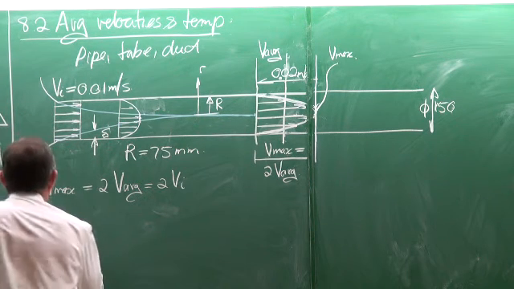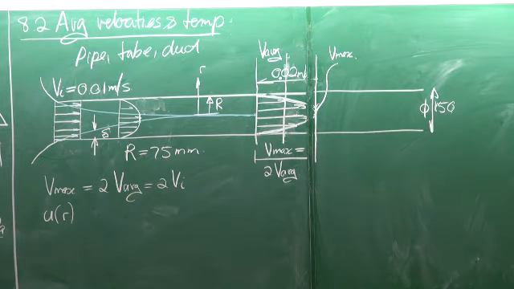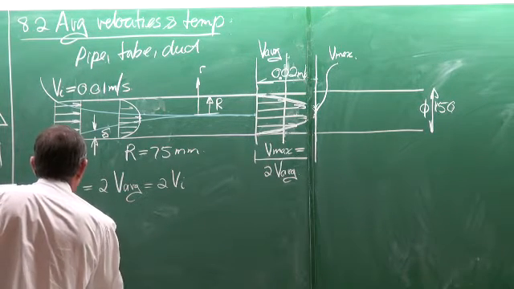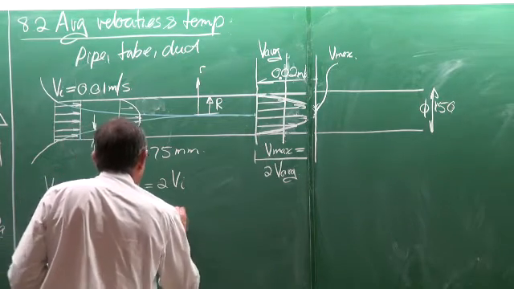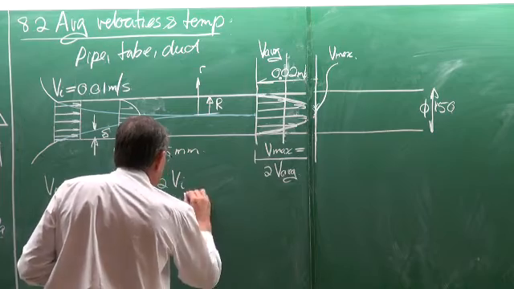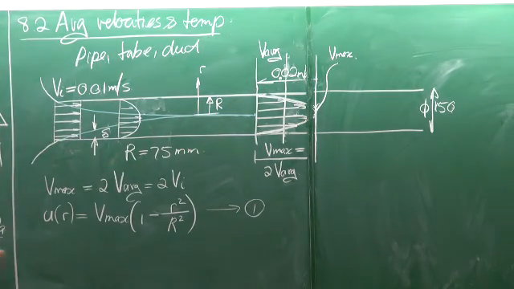Right. Now in fluid mechanics you have derived the following equation. The velocity, small u as a function of r, is equal to Vmax multiplied by 1 minus small r squared divided by capital R squared. It's equation 1. Later on we're going to use that equation again.